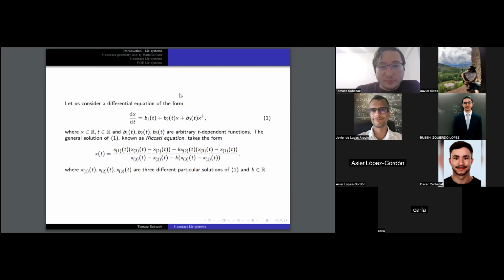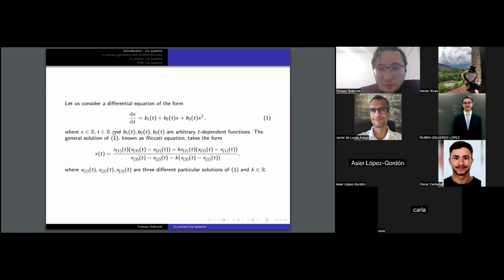So as an introduction, I want you once again to consider a differential equation of the following form, meaning that we are proceeding on R, and the derivative of x with respect to the parameter t is just a function of b1, b2, and b3 multiplied by the zeroth, first and second power of our x.